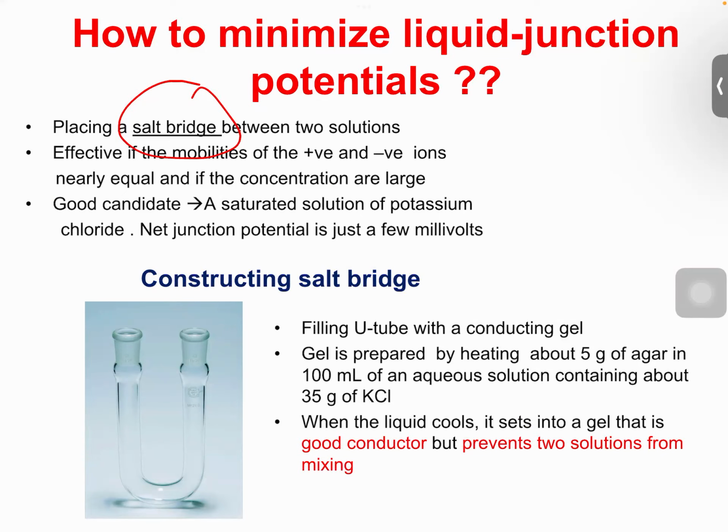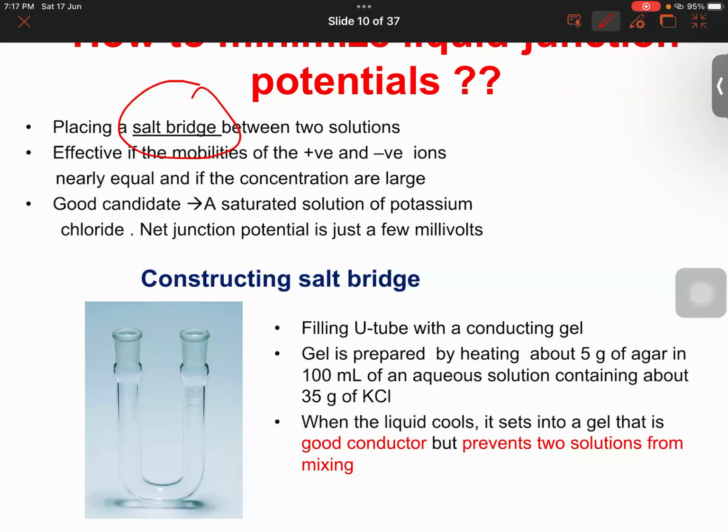So examples of salt bridge is saturated solution of potassium. Okay, means that a very high concentration of potassium. Effective if the mobilities are okay.